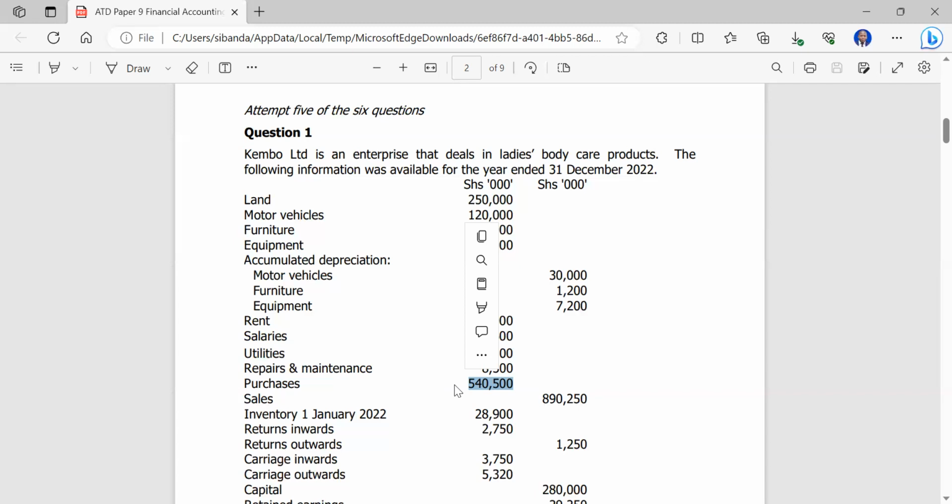Carriage outwards is usually expenses incurred in delivering goods to our customers. Those are usually recorded under our operational expenses. They are never an adjustment on our sales. But carriage inwards affects our purchases because in a way, it adds value to our purchases.